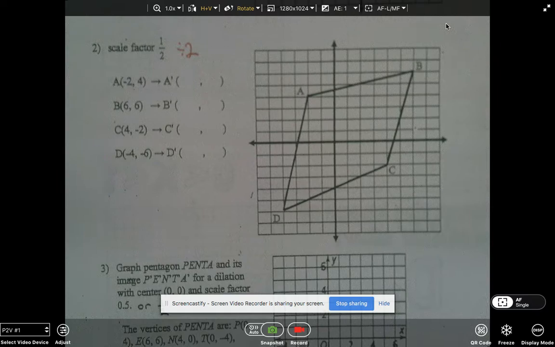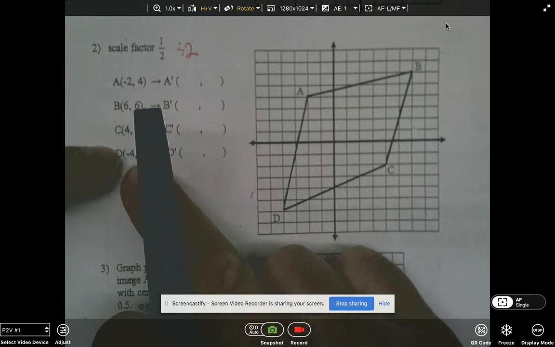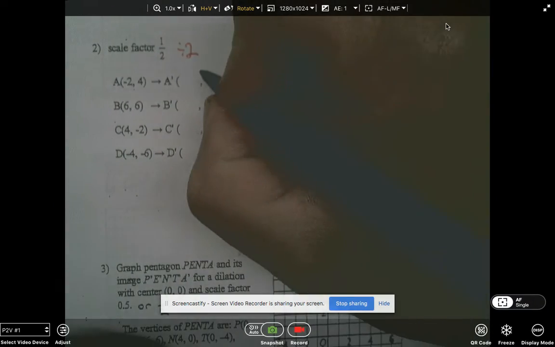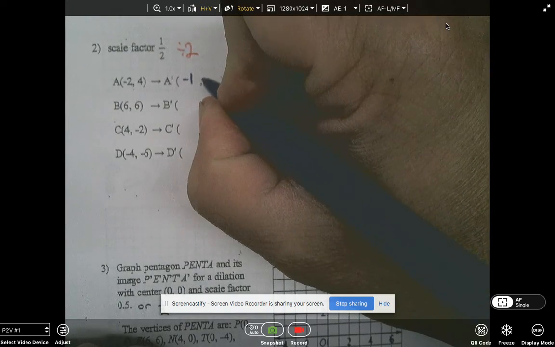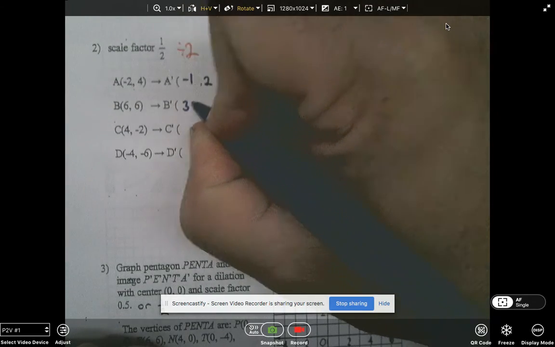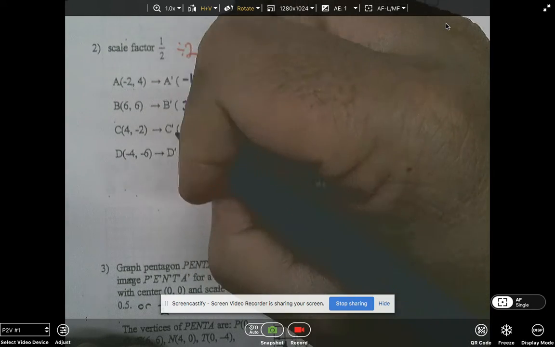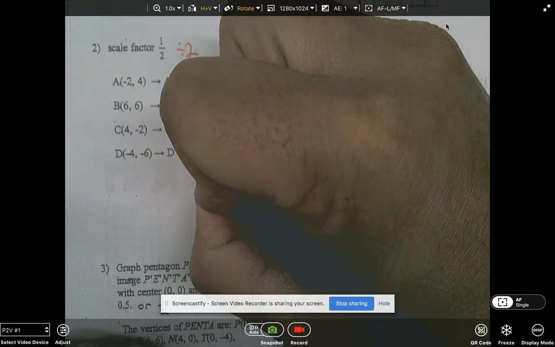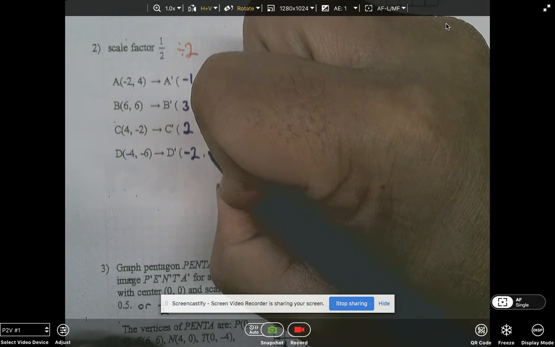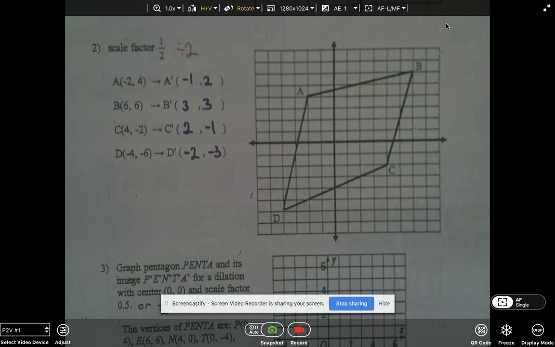So could someone please take these, multiply them by 1/2 for me? Yep, so this would be negative 1, 2, 3, comma 3, 2, comma negative 1, and then of course negative 2, negative 3. All right, so I'm going to pause the video here. Could you take a moment to quickly graph these and see if we get the same thing?